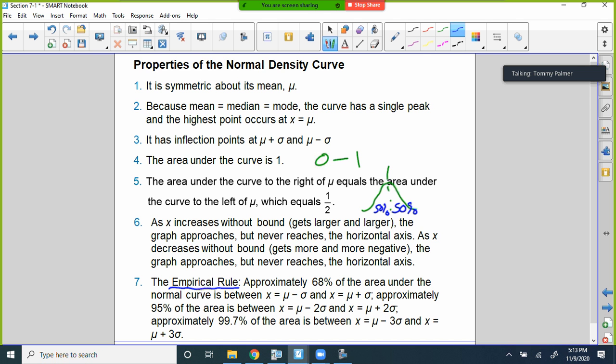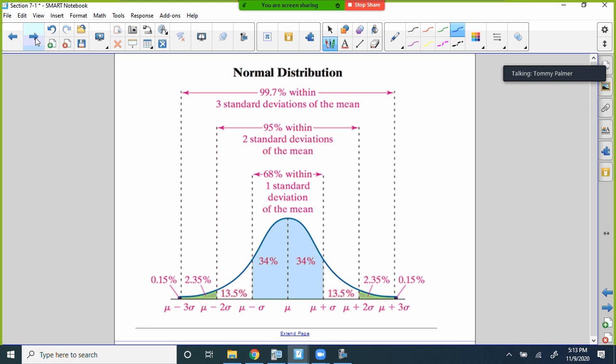Now, what the heck does that mean? So here you go. There's no better way to describe that other than what you're seeing, right? You need to make sure you understand the 68, the 95, the 99.7, right?